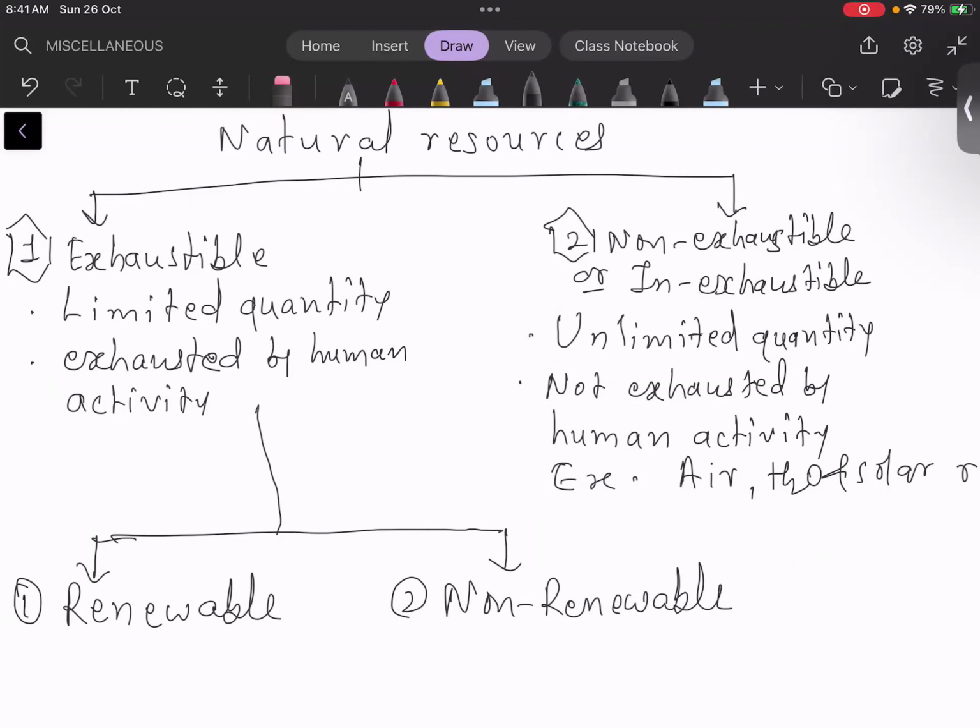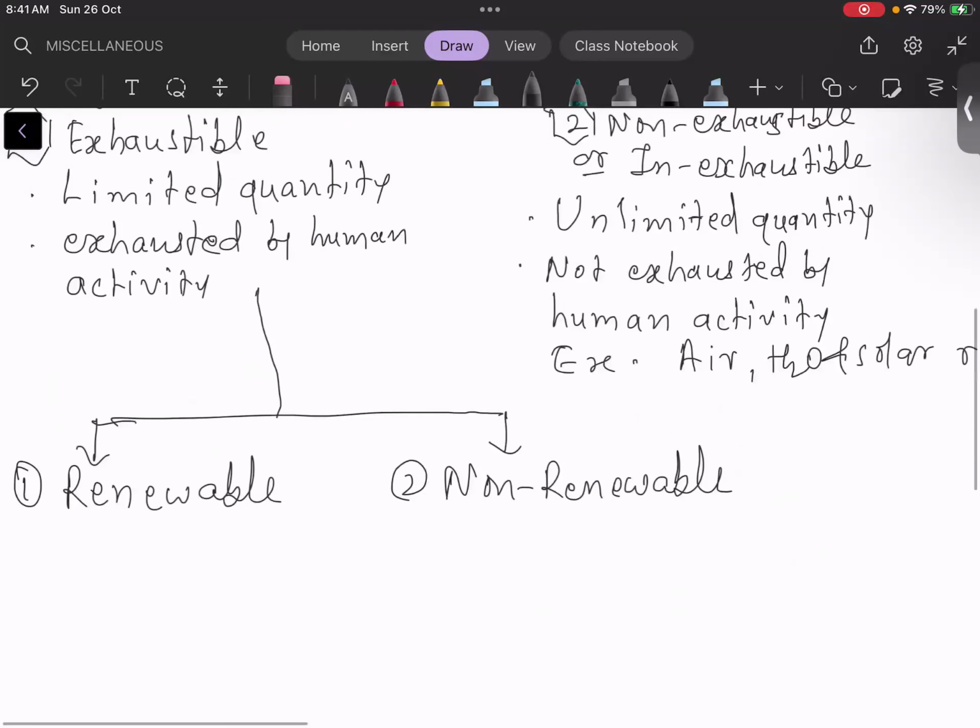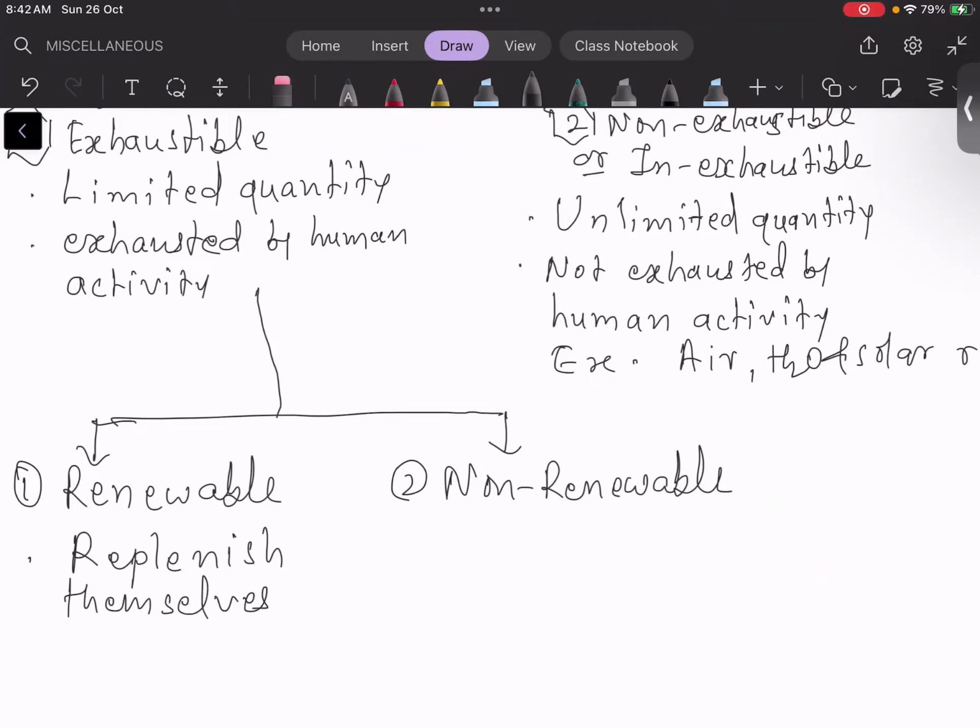Now, renewable resources can replenish themselves by recycling. They get replenished, meaning recovered. What about non-renewable resources?